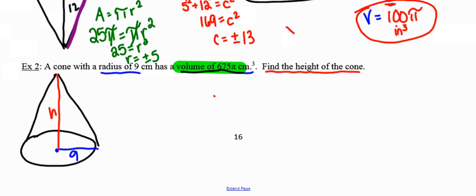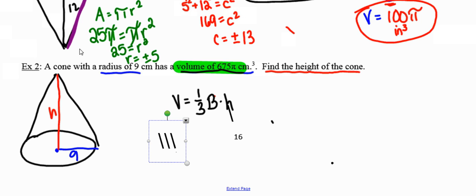So I'm going to start out by writing down my volume formula. Volume equals 1/3 times the area of the base times the height of the cone. And now I'm going to substitute into the formula everything that I know. So I know the volume is 675 pi. So let me plug that in.